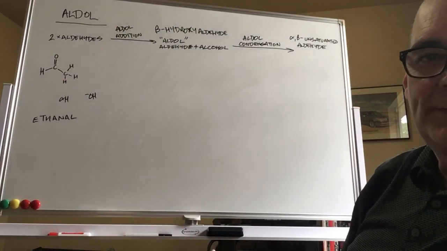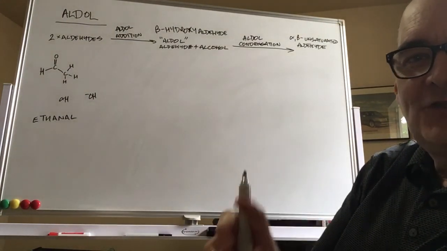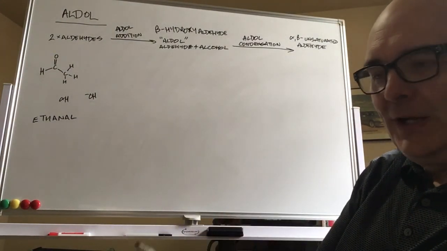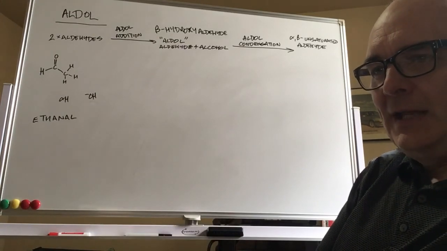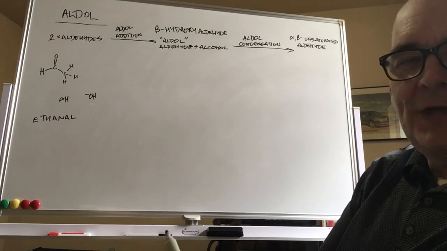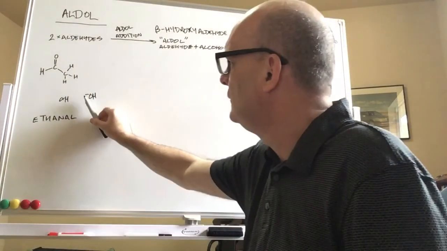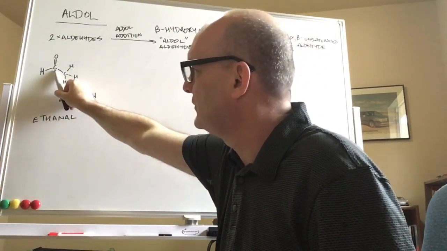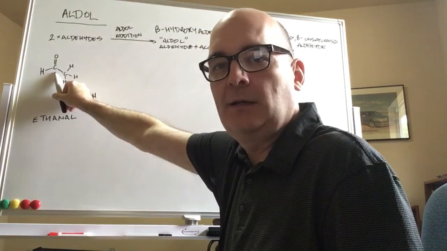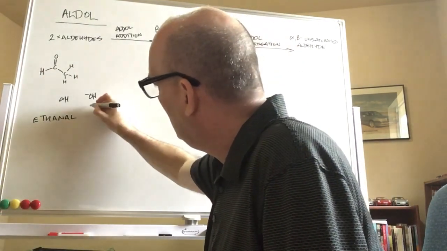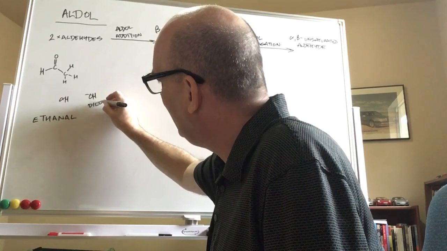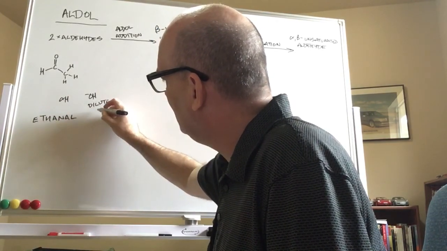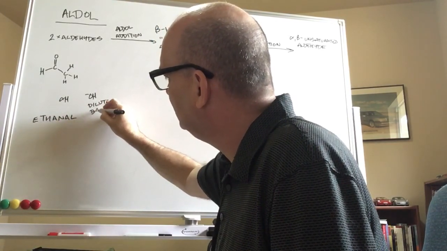Here's hydroxide. Now, we just agreed only a couple of minutes ago that if I were to use hydroxide as a base, not only are these alpha hydrogens in play, but also that carbonyl is in play. So I'm going to make this very dilute.